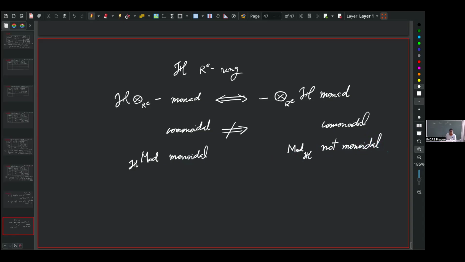Okay, and this is an important point for Thomas's work because they need to consider right actions of an algebroid in order to define the notion of a Hopf module over them.